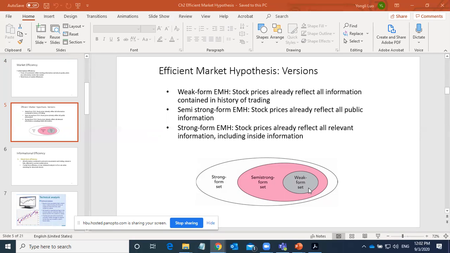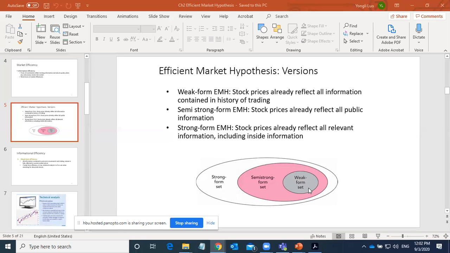The strong form says stock price reflects all the information, private and public. Even private information is already reflected.